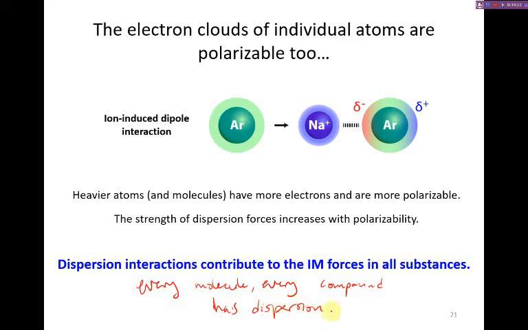If something has electrons in it, then it can experience a dispersion force. And again, the reason is because we're shifting the normal polarity, or if it's nonpolar, the normal lack of polarity within the molecule.